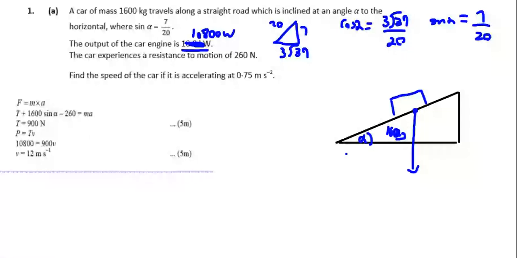So we're going to have to break you up into two components, perpendicular and parallel. It's the parallel one we're mainly interested in, which is the green one here. Okay, and what the green one will be is that's angle alpha, so it'll be 1,600 G sine alpha.